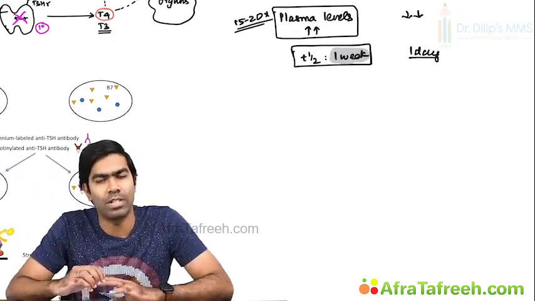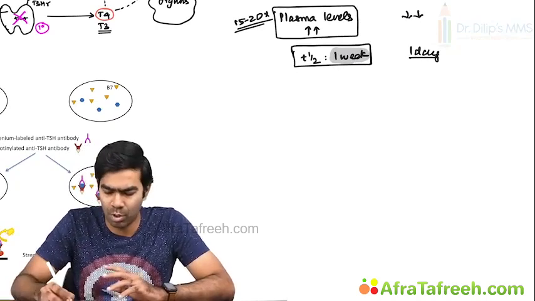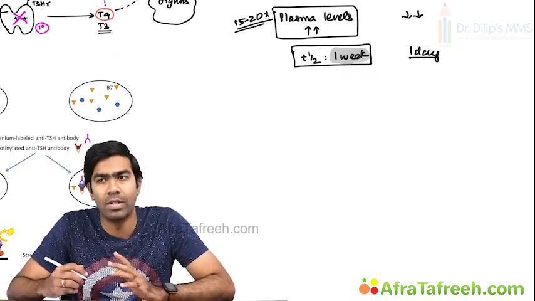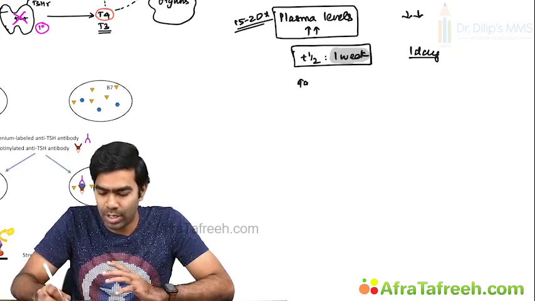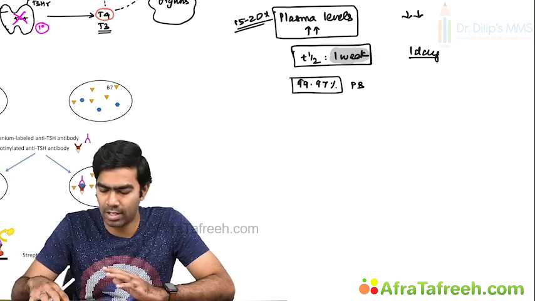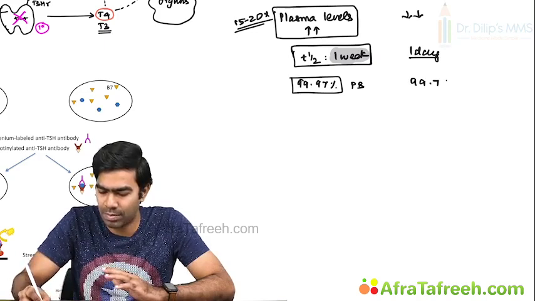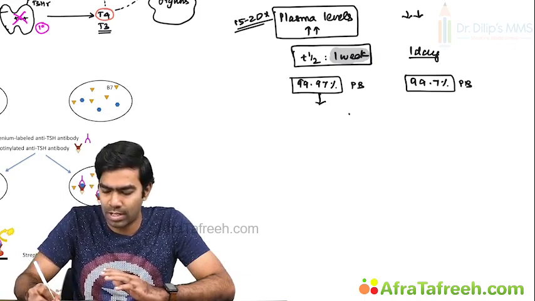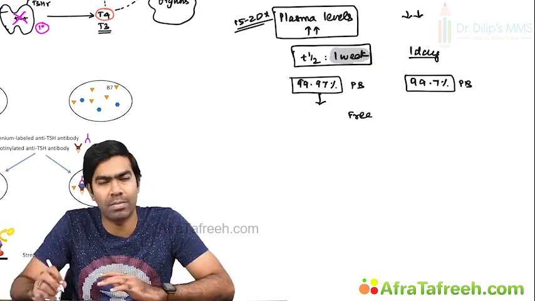Okay, so how much are they protein bound? Almost 99.97% of T4 is protein bound, and 99.7% of T3 is protein bound. That gives us the free form as well. The remaining must be the free form.